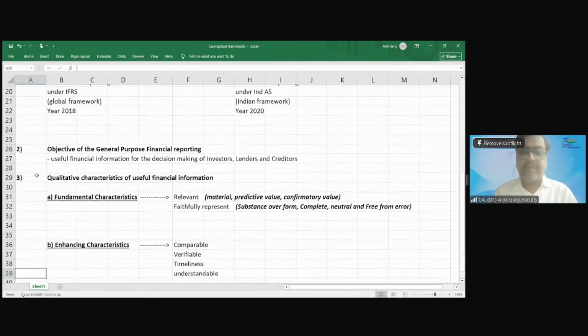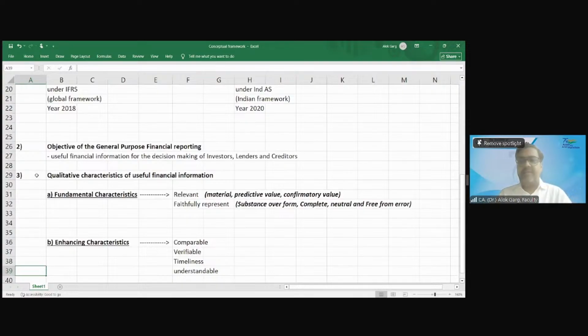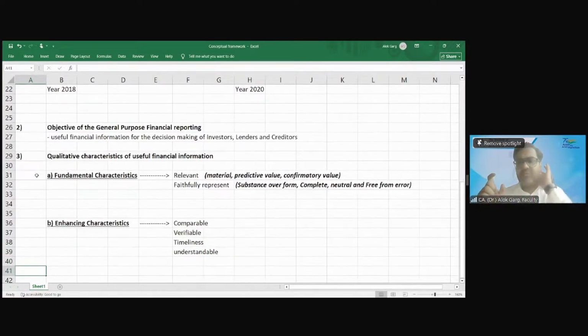Information becomes useful when it is relevant, having predictive value and confirmatory value, and when it presents faithful representation, with substance over form, complete, neutral, and free from error.